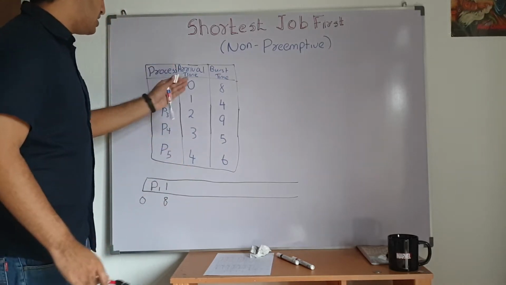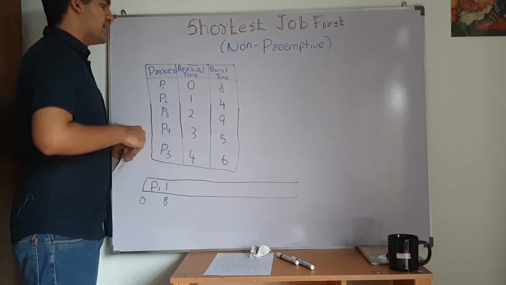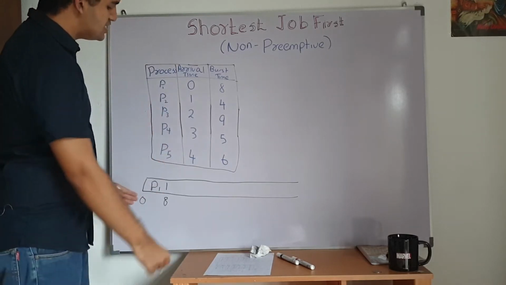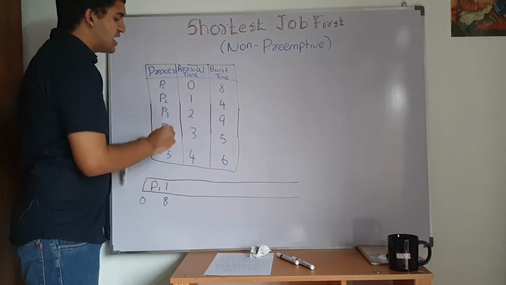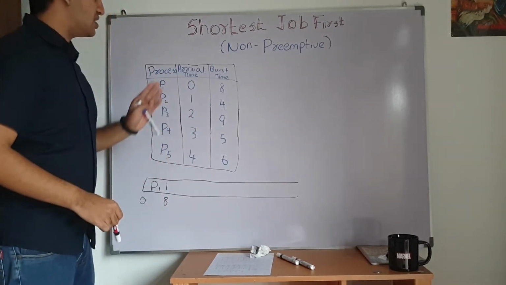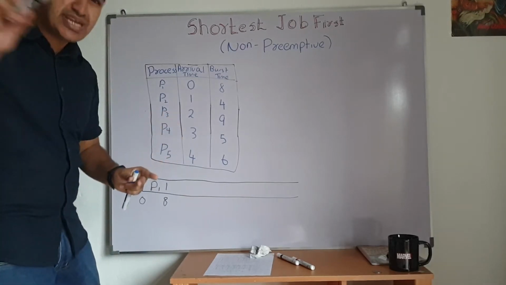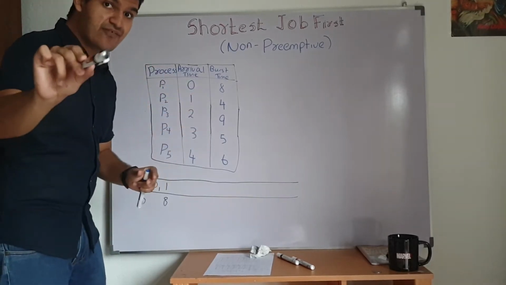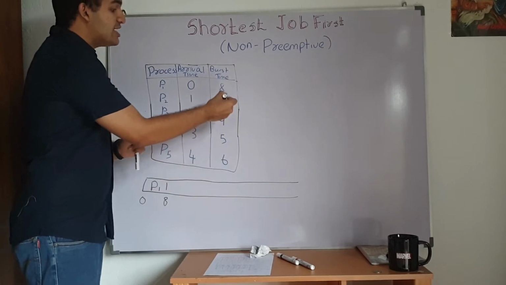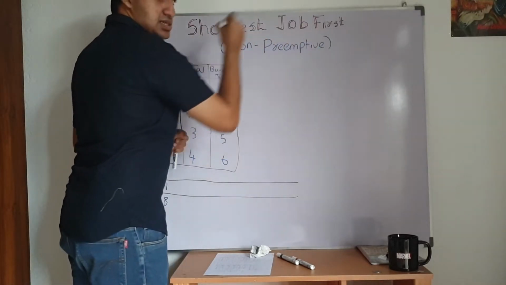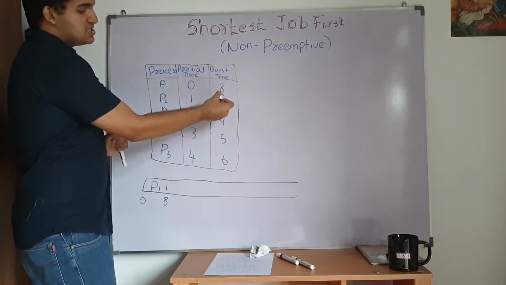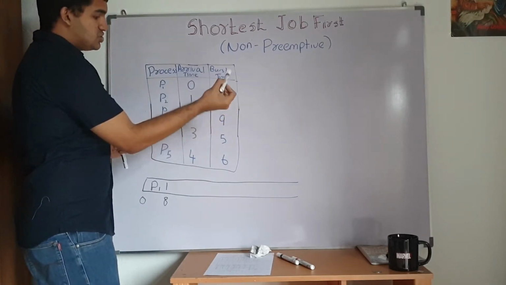So now that 8 is done, you can see that at time 8, all these processes have come inside to be executed. What you're going to take is the shortest burst time, because this is shortest job first. The shortest burst time is in P2.